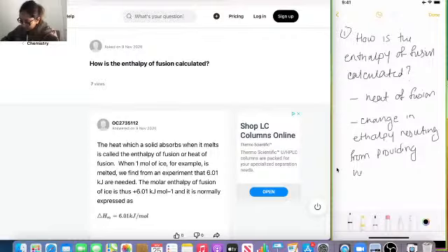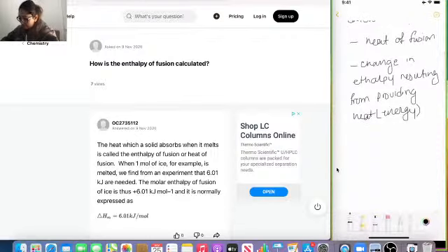It's a source of energy to a substance. If you provide heat to a solid, it will ultimately become a liquid.